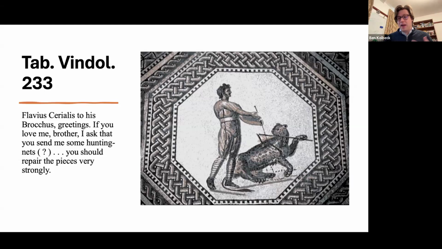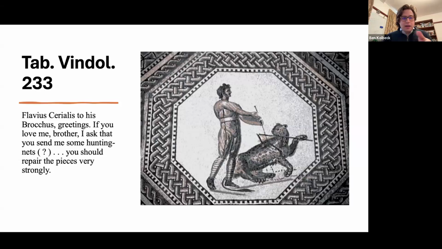Who do they have to hang out with and build a social network? It's the other commanders at the forts nearby, up and down the wall. And we see that in the evidence as well. So here is Cerealis writing to somebody called Aelius Brocchus. Brocchus is another prefect, another commander of a different fort somewhere nearby.